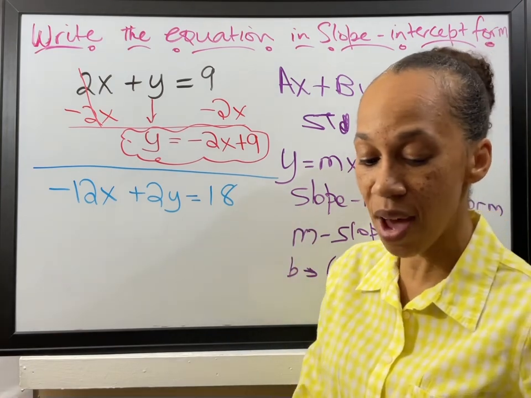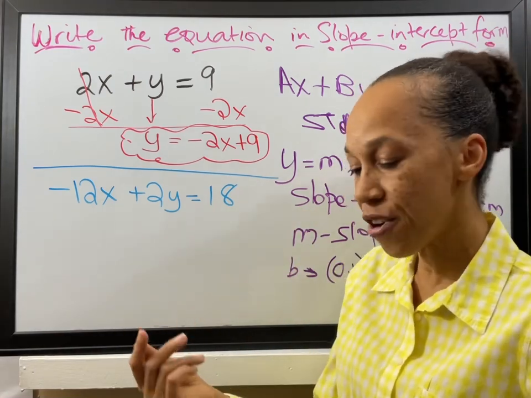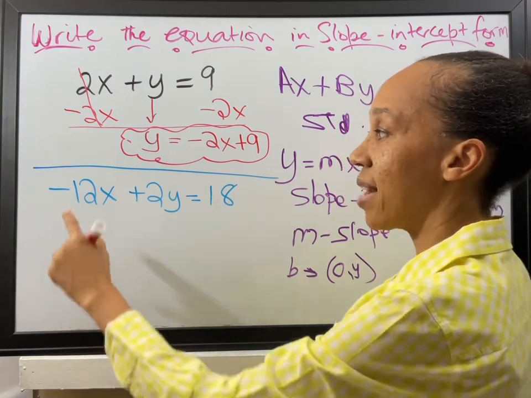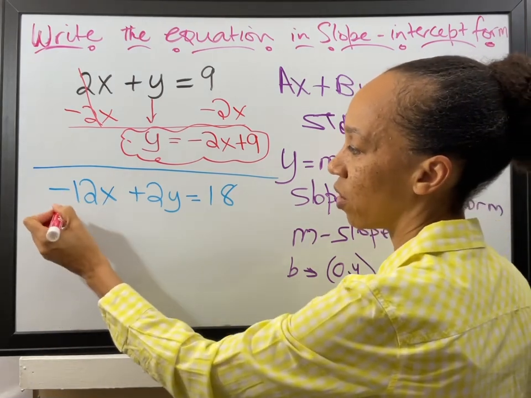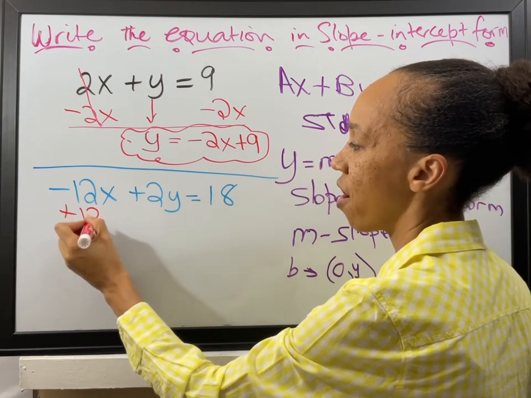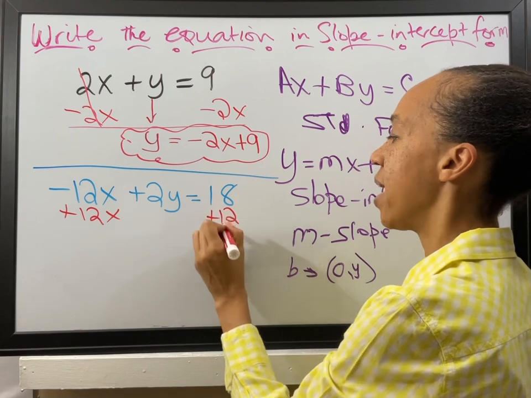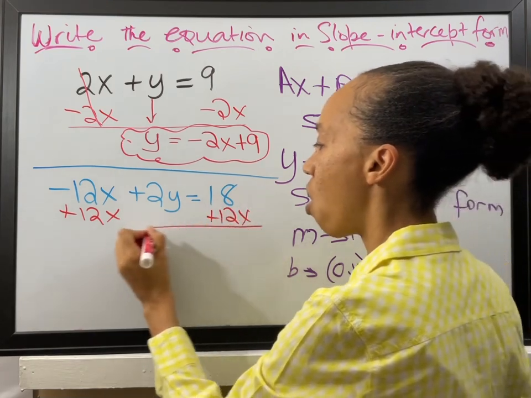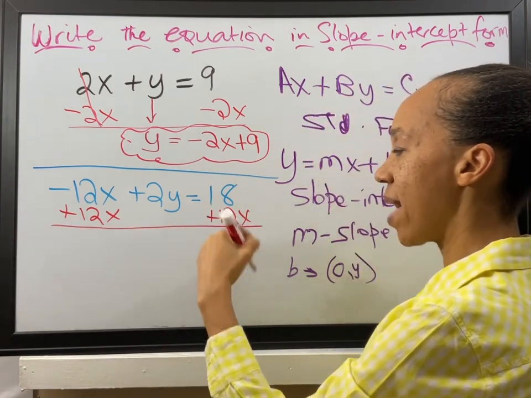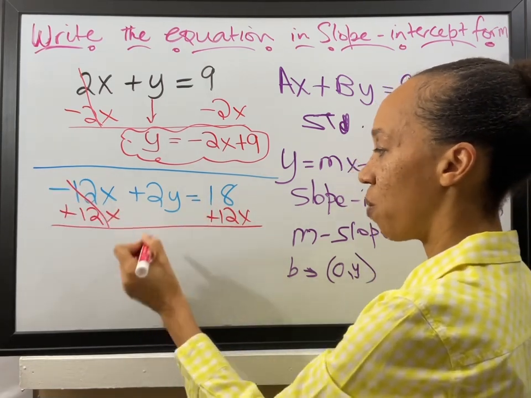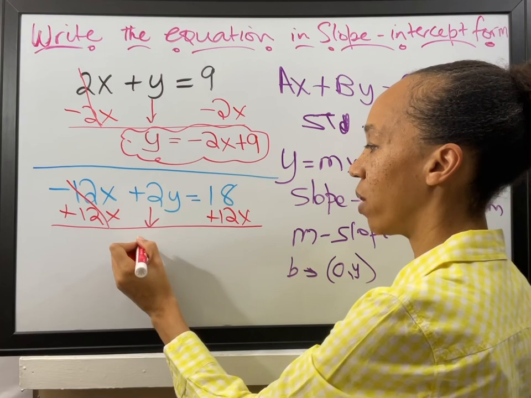And because you have it like that, we have to go further now, and we have to get rid of negative 12x, and the inverse of negative is positive, so we're going to do positive 12x here, and whatever we do on one side, we must do on the other side. And we must also always write our x right after the equal sign when we are writing it in slope-intercept form. So we bring down our 2y here.